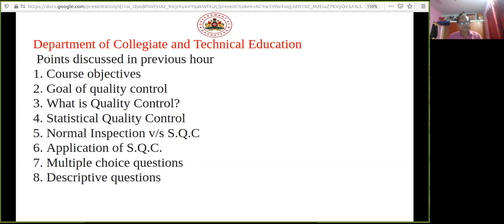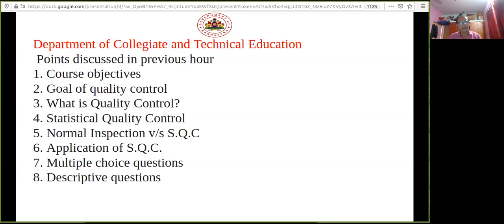Now, out of this, the goals of quality control, and what exactly is quality control and statistical quality control. Apart from that, there was a very important question here.